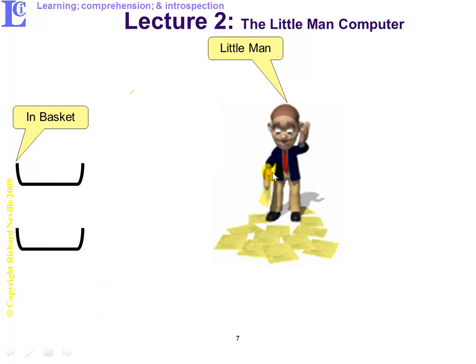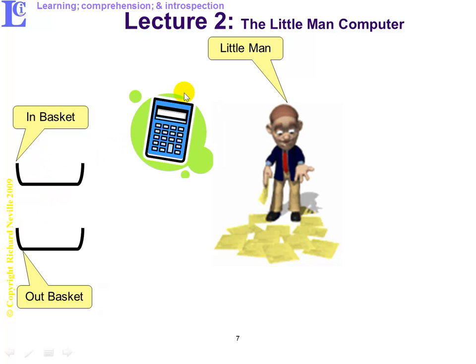And the other one that lets the little man move data out of this little man computer walled room is the out basket. He moves the little sheet of paper into here, and an external entity will pick it up and move it out. Where do we move these data items from and to get them into these two containers?